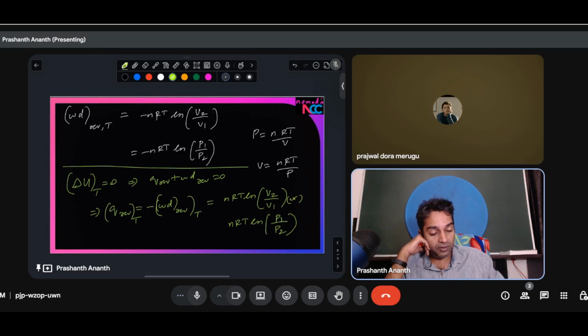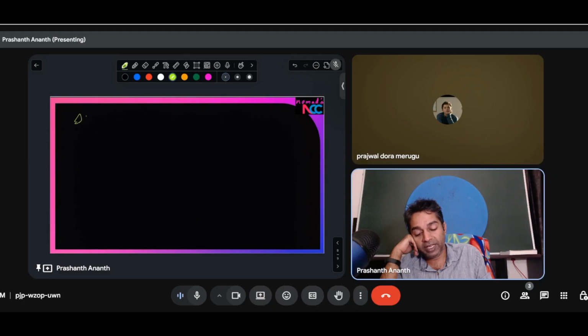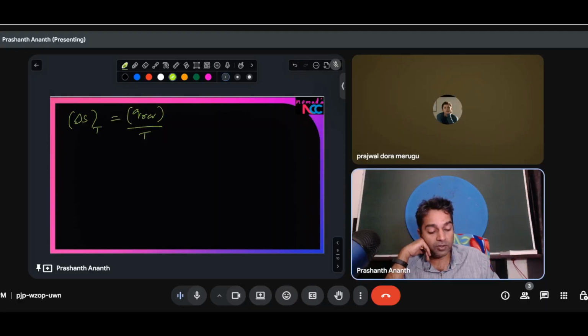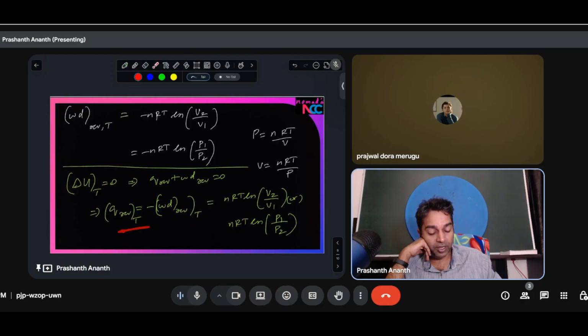Yes, sir. So, of course, delta S for an isothermal process is supposed to be Q reversible by T. Q reversible we just got the formula for over here. Q reversible for an isothermal process is nothing but something like this.